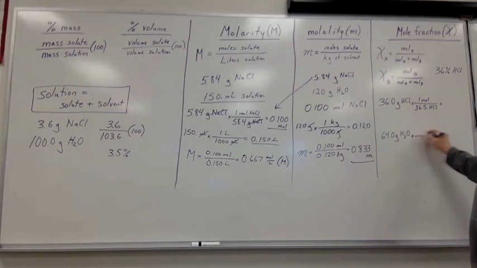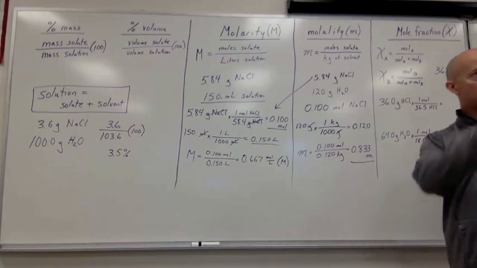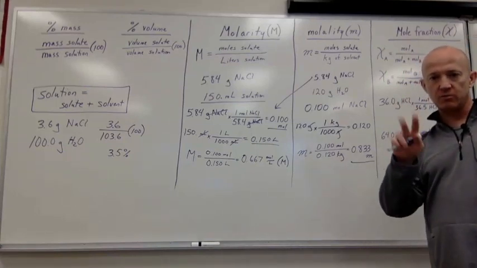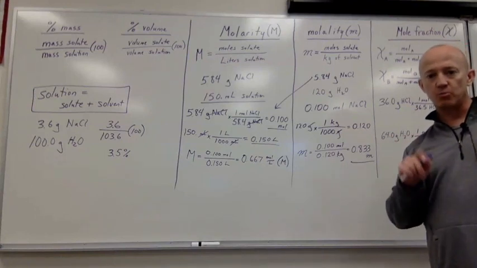And then down here, same thing. We're going to convert this to moles of water. Okay, 18 grams. That's our molar mass of water. How'd you get that? H2O. The molar mass of hydrogen is 1.